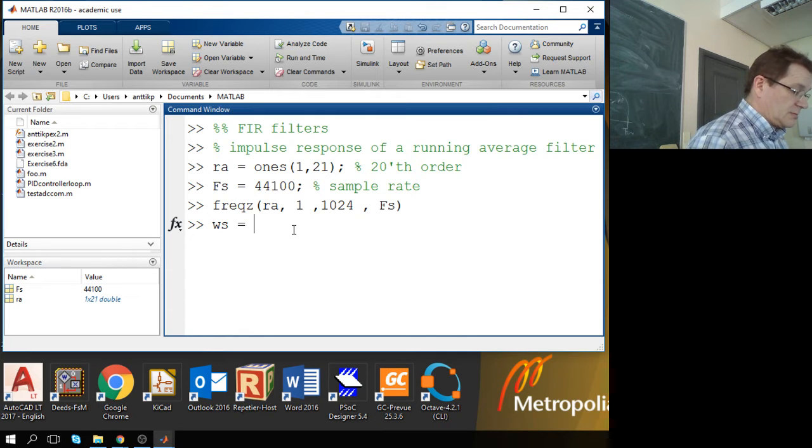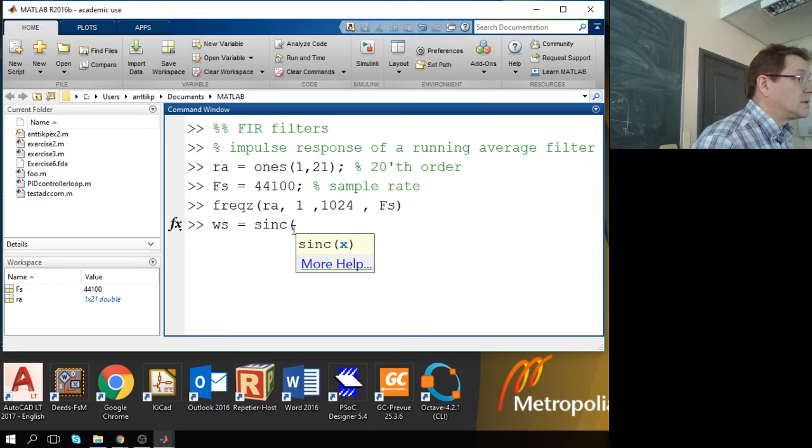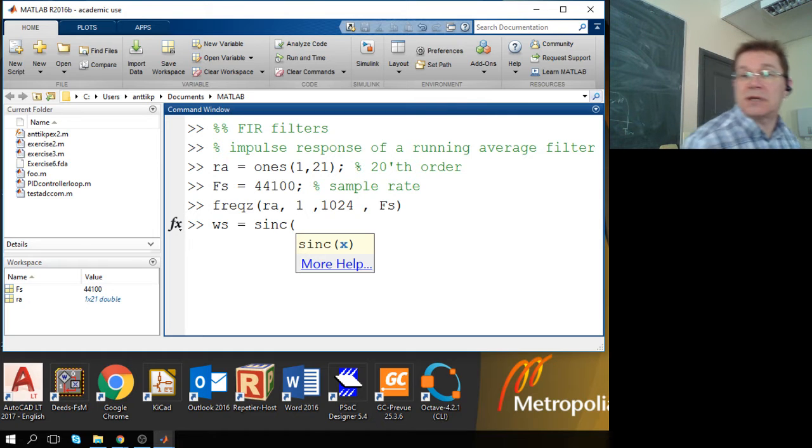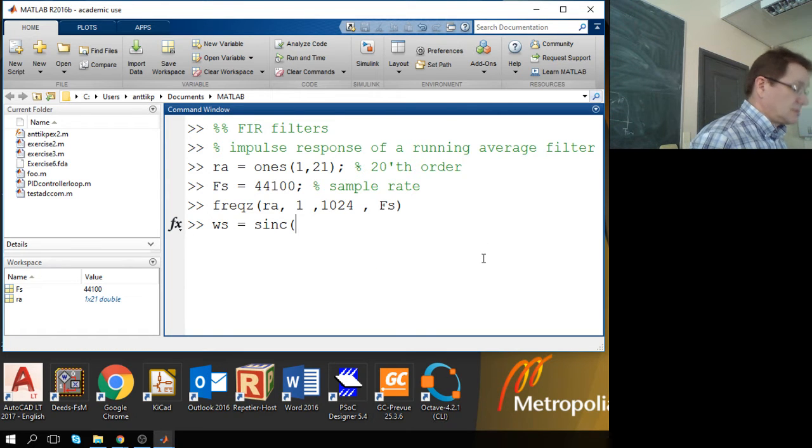So we have sinc of n times fc divided by Nyquist frequency. Maybe I should write the Nyquist frequency here: Fn equals fs divided by 2.